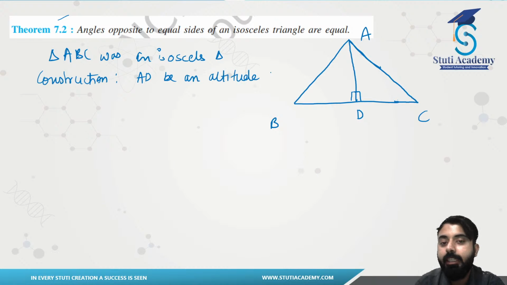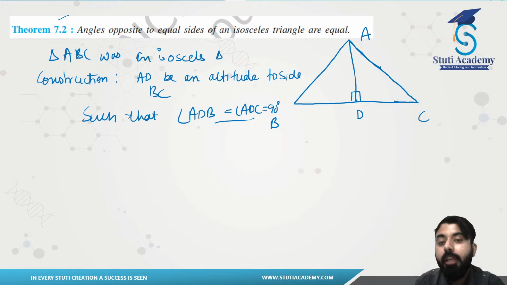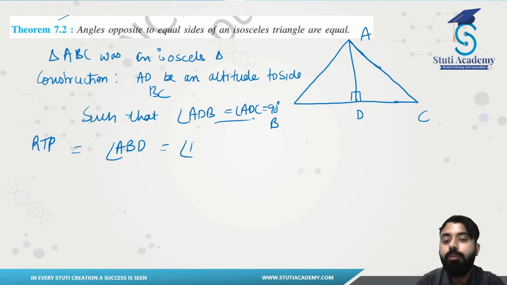We constructed an altitude to side BC, such that angle ADB equals angle ADC equals 90 degrees. That will be the main thing to note here. And you have to prove what? Required to prove is angle ABD equals angle ACD. This is the main thing we have to prove, these two angles equal.